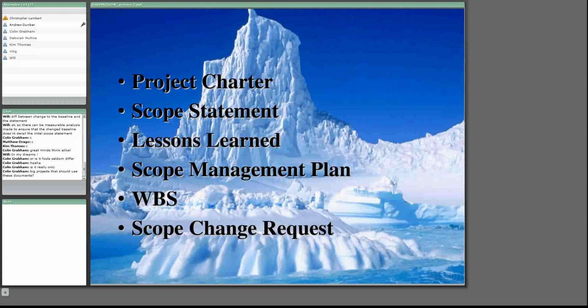And yes, some of these things are for bigger projects. Some of them are for lighter projects. You're not going to do a work breakdown dictionary for a small project, because you'll be so busy worrying about the administration that you're not going to get your project done.